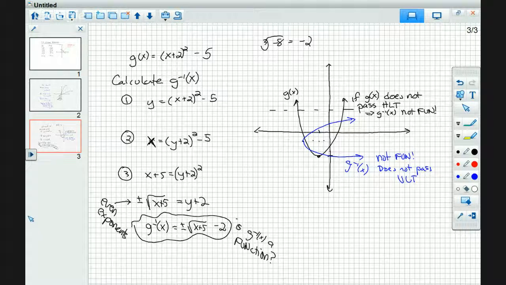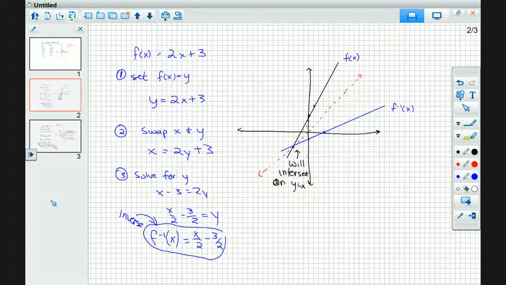Is f inverse a function? Yes, it is, because it passes the vertical line test, right? The original passes the horizontal line test, so we know the inverse is a function that way too. So if you know the graph of the original, you can tell me if the inverse is a function or not.